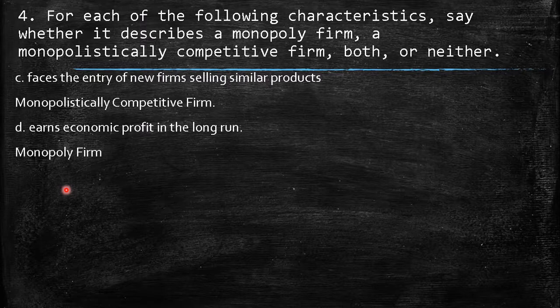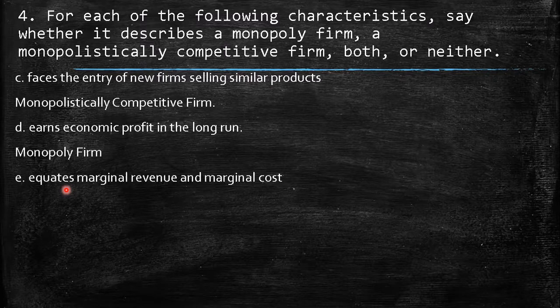We're talking about the monopoly firm, because no one enters the market, so they will still be earning the same money as in the short run, different from the monopolistically competitive firm, where there are no barriers to entry and more companies will enter, so your demand will be reduced, and at the end of the day you will face profits equal to zero.